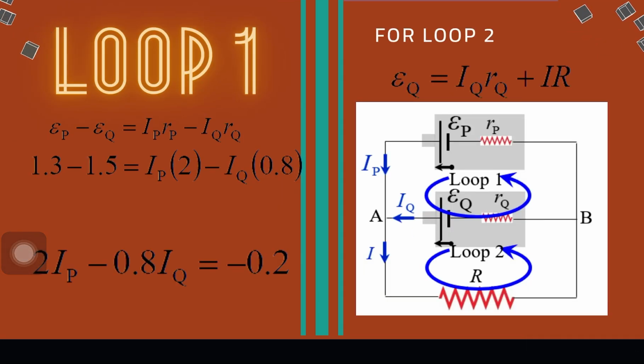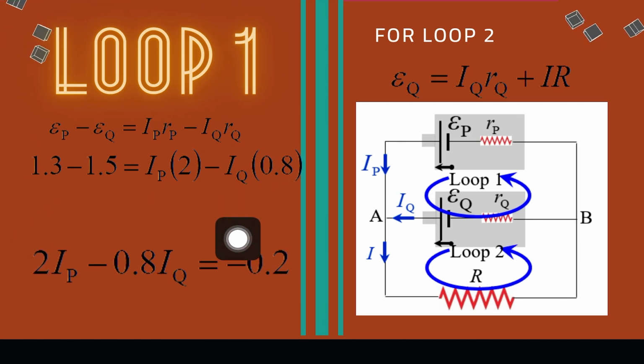Okay, next we are going to substitute the magnitudes of the EMF P, Q, and the internal resistances RP and RQ. So it is 1.3 minus 1.5 equals 2IP minus 0.8 IQ.